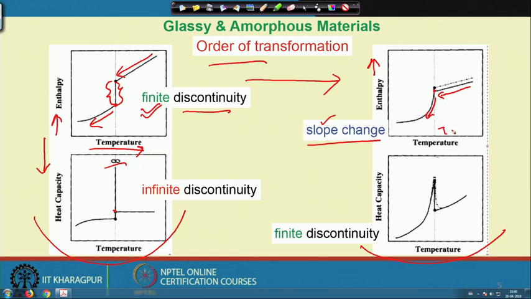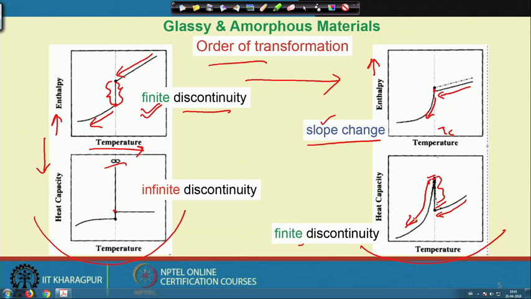Let us say this is the phase transition temperature, whereas here in the heat capacity, if we take the derivative dH by dT, then we will get a finite value of the change. So, this is definitely a discontinuity; however, it is a finite discontinuity, because if we cool it down, the specific heat capacity keeps on changing.